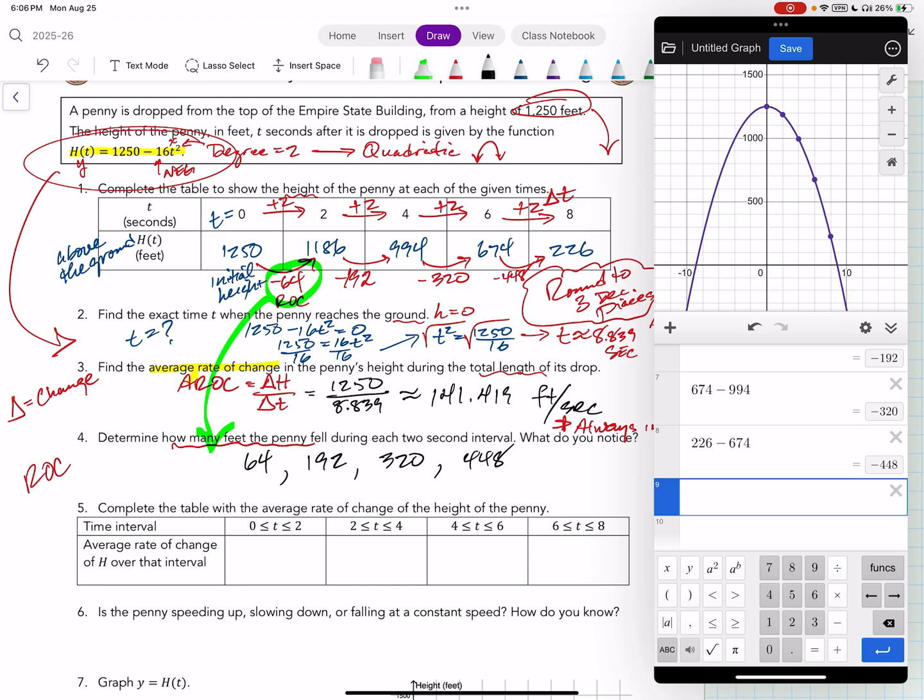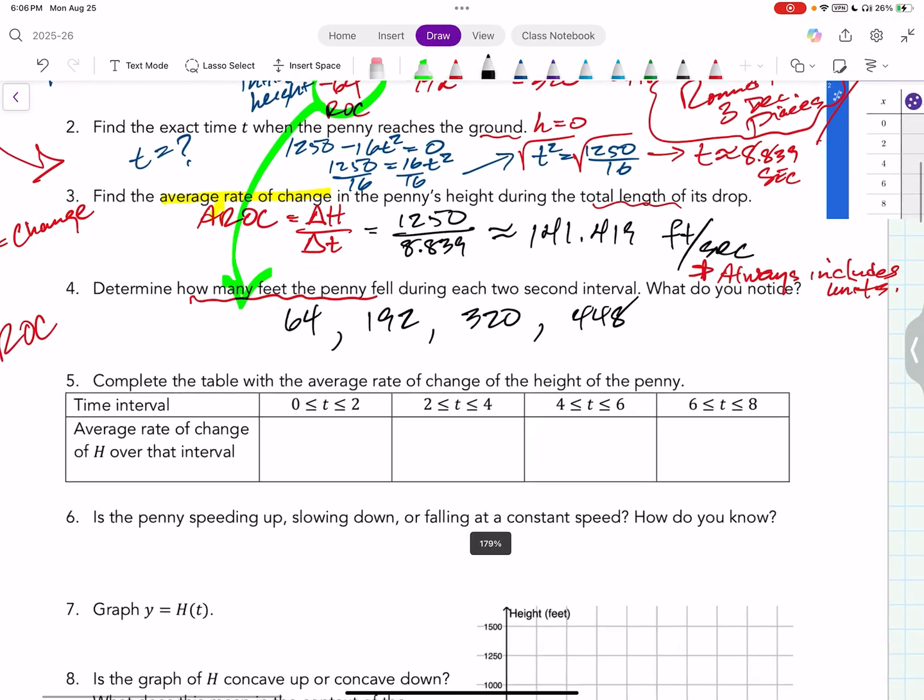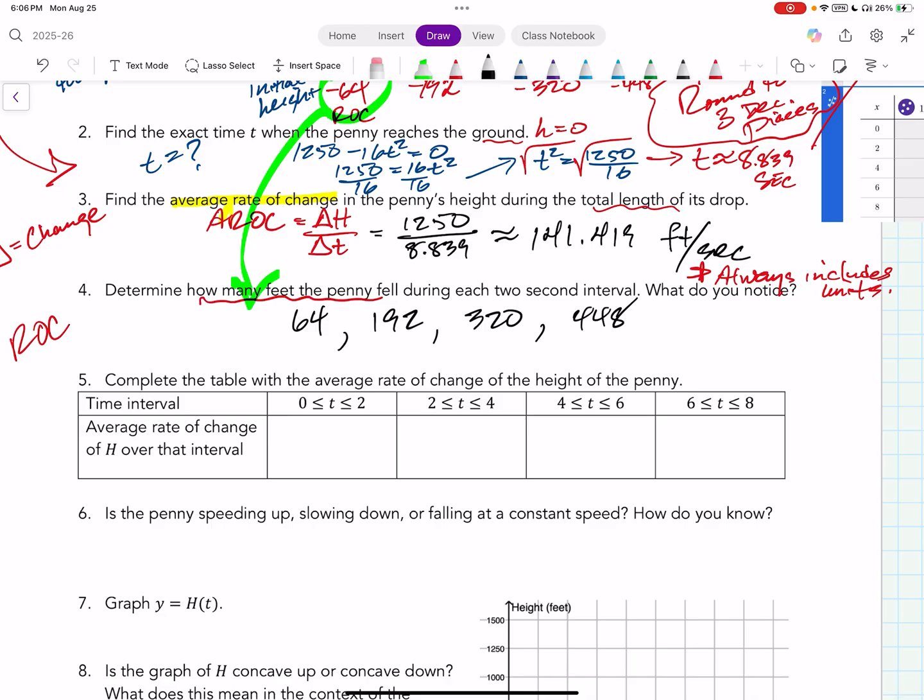So what is it telling you? What do you notice? Well, if it's falling a longer distance in each 2-second period, that should tell you that, first of all, it's not constant. The rate of descent is not constant, and it's going faster and faster and faster.